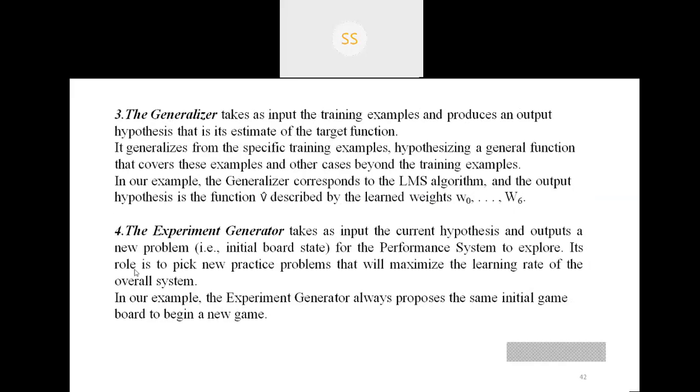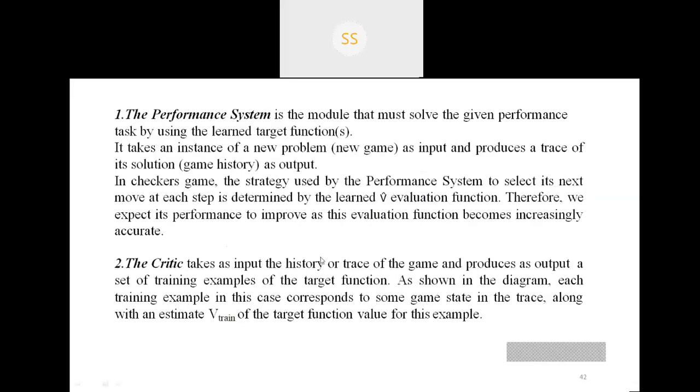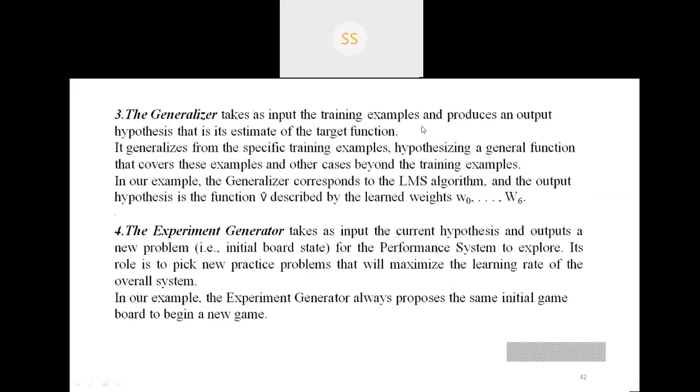And the next one is the generalizer. It takes as input the training examples, whatever training examples you have generated in the critic stage, and produces an output hypothesis that estimates the target function. It generalizes from the specific training examples, hypothesizing a general function that covers these examples and other cases beyond the training examples.